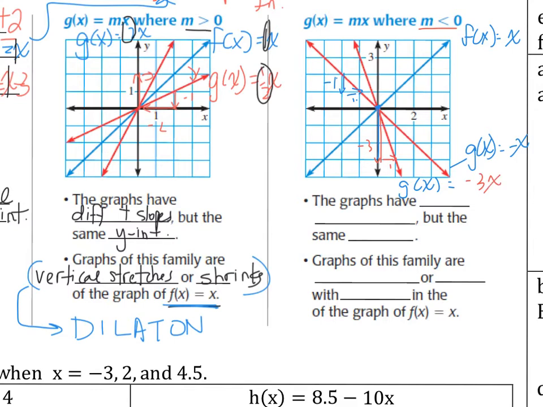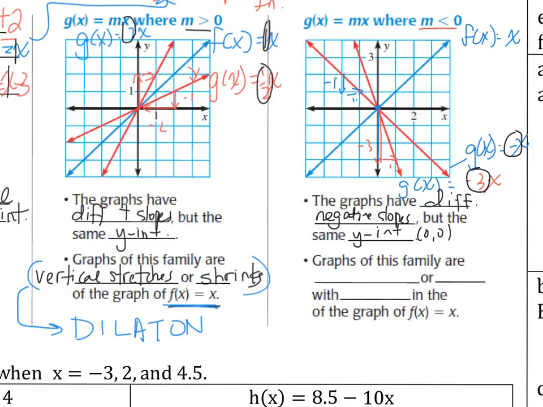So let's analyze this again. The graphs have different negative slopes. You got -1 here, and you got -3 here. Different negative slopes, but the same y-intercept. In this case, (0, 0).